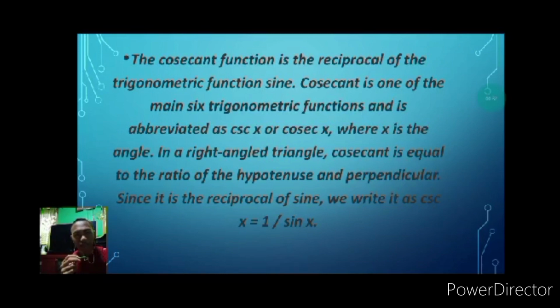In a right angled triangle, cosecant is equal to the ratio of hypotenuse and perpendicular. Since it is the reciprocal of sin, we write cosecant x equal to 1 over sin x.